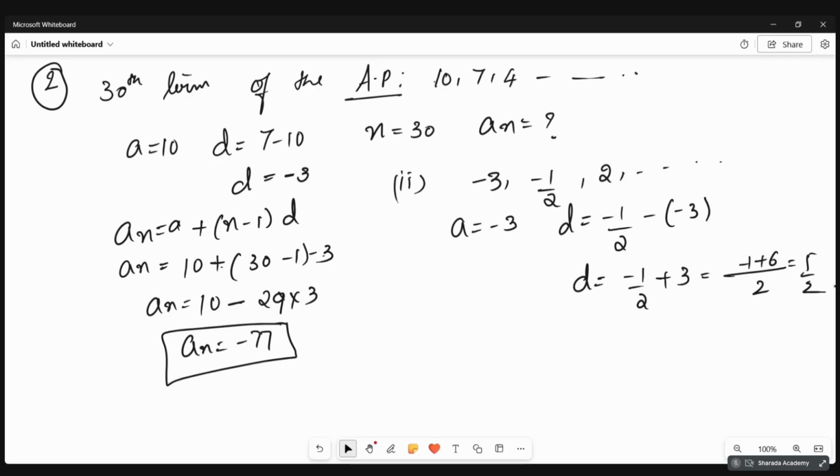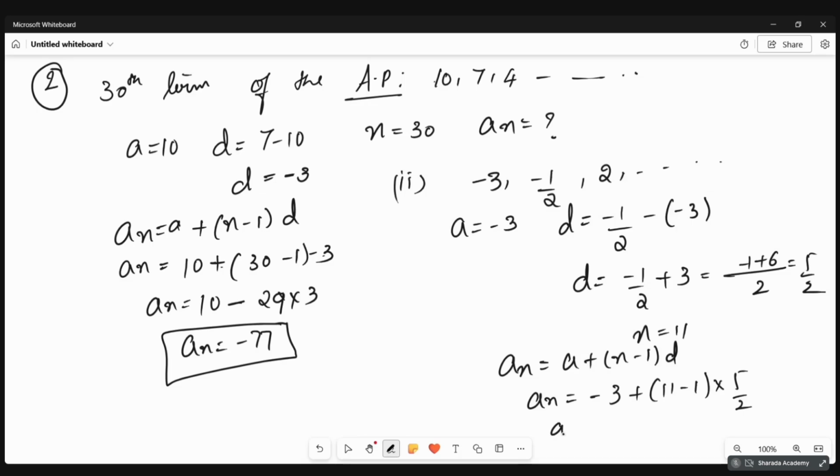Now 11th term, N is equal to 11. So An is equal to A plus N minus 1 into D. So An is equal to minus 3 plus 11 minus 1 into 5 by 2. So An is equal to minus 3 plus 10 into 5 by 2. So 25 minus 3, you will get 22.